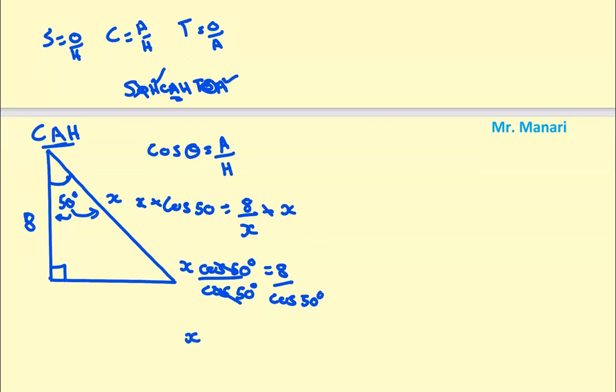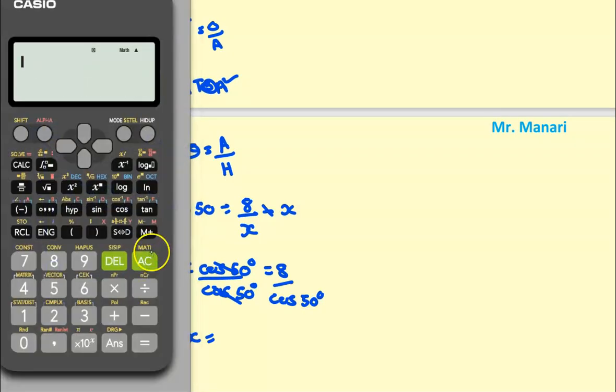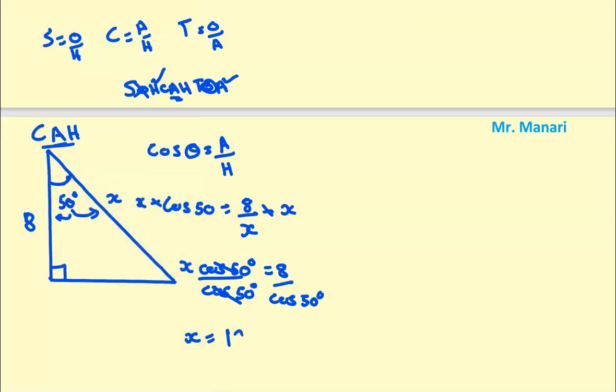So x is equal to 8 divided by cos 50. On the calculator, 8 over cos 50 gives you 12.44, so I'm just going to put it as 12.4.